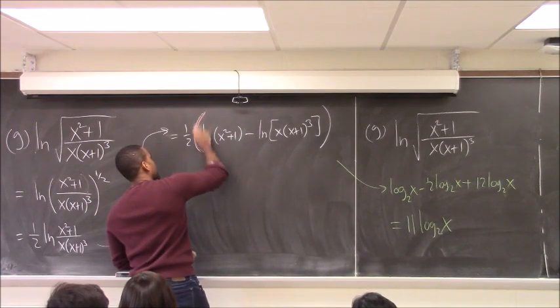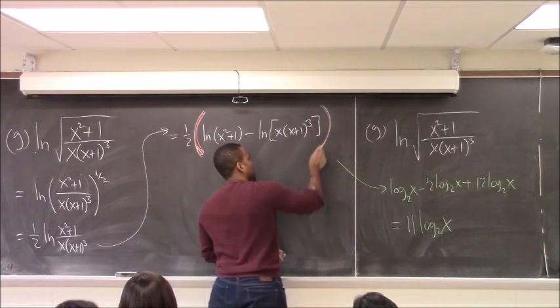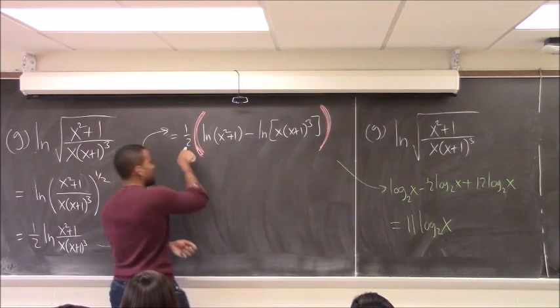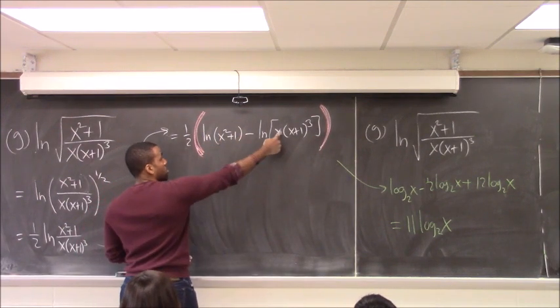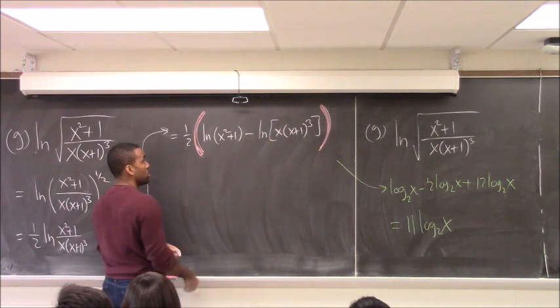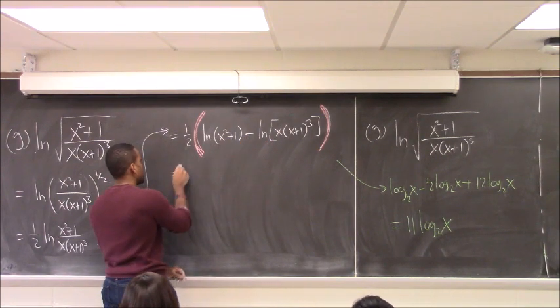These parentheses, very common that someone would forget them. That's important, because this half has to be distributed across all the logarithms. Here's a multiplication. I can turn that into addition, but there's a negative sign that's going to be distributed.